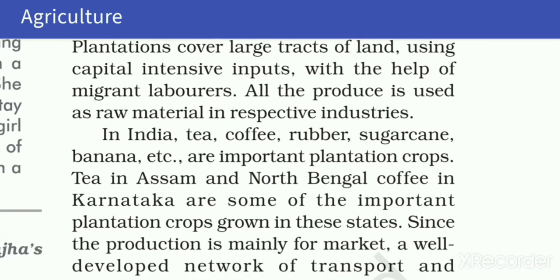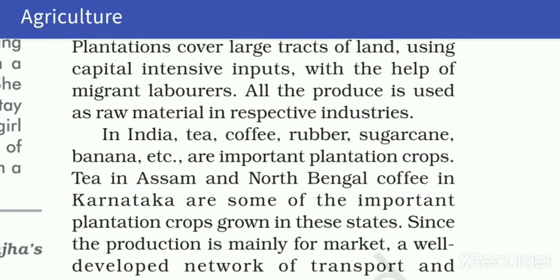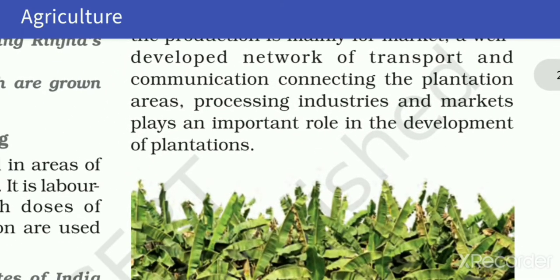Examples of plantation crops are tea, coffee, rubber, sugarcane, banana, etc. There are some areas where this kind of farming is practiced on a large scale. It is Assam and North Bengal, where tea is mainly grown, and coffee is mainly grown in Karnataka. So this was all about plantation, and in this way we completed the types of farming.